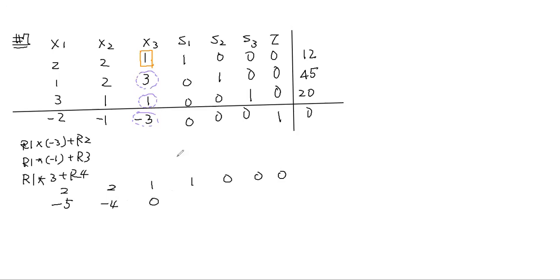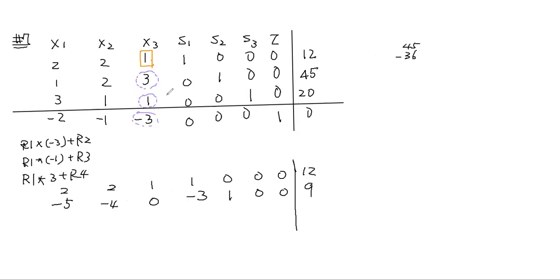This is 0. Negative 3 added, so it's negative 3. Nothing changes here. Then negative 3 times 12 is negative 36, so 45 minus 36 is 9.